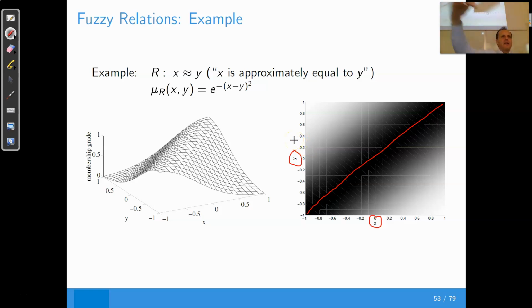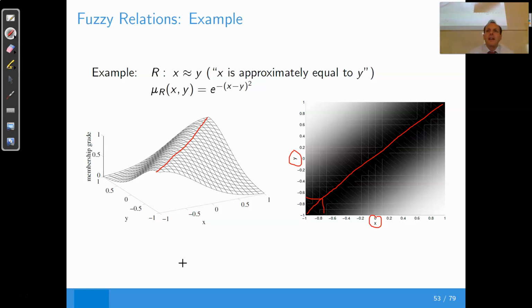So you have the maximum along this line, which is at 45 degrees, which represents this value of the membership function. So it's quite clear.